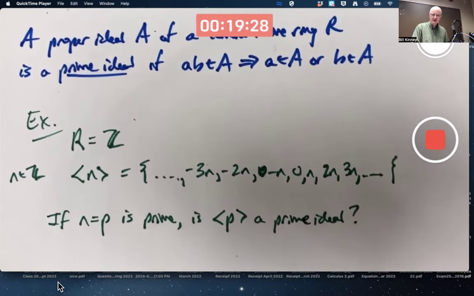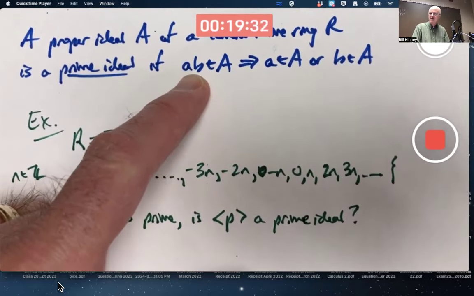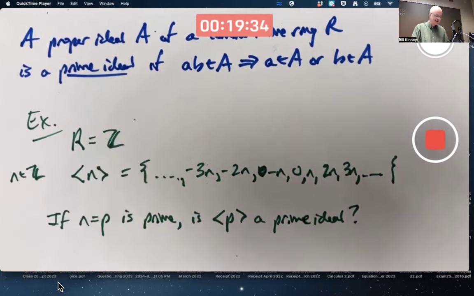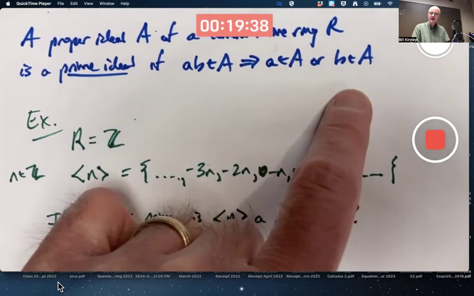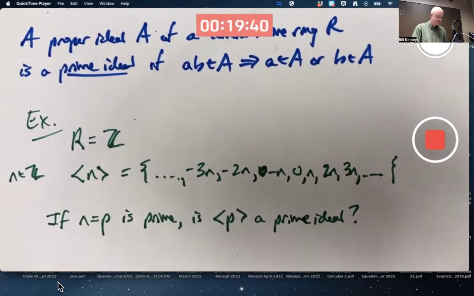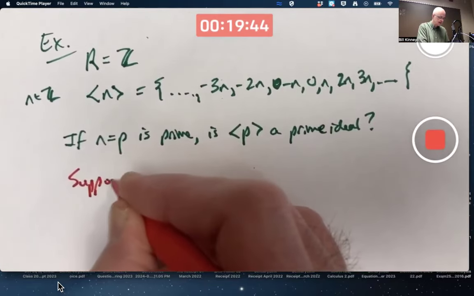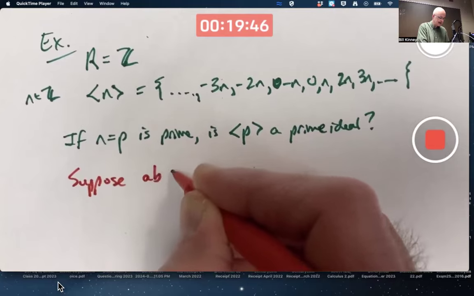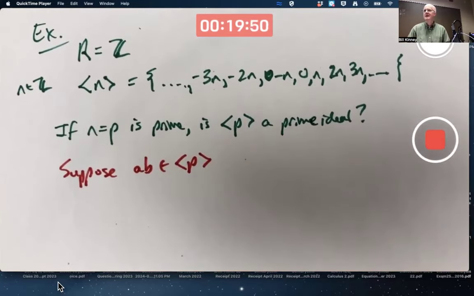Let's explore a little bit. Would this condition hold? If I had the product of two things being in this ideal right there, does that mean one or the other element is in the ideal? Suppose AB is in this principal ideal generated by P. Does that mean A or B has to be in there?